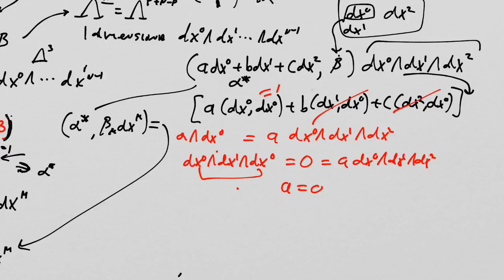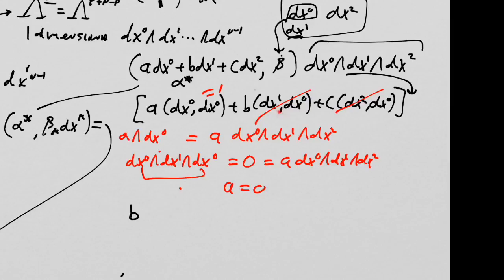All right, so how about B? Well, let's now take dx1 in there. If we go back and look at this, if I put dx1 in there, that term is going to go to 0. That term is going to go to B, and that term is going to go to 0.